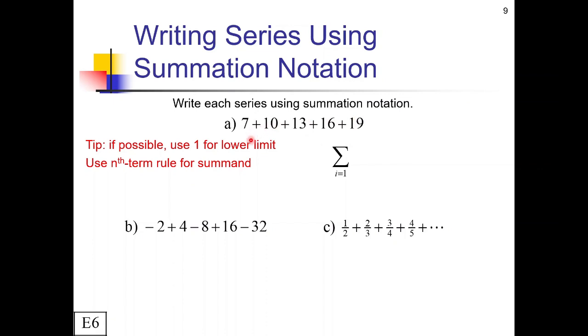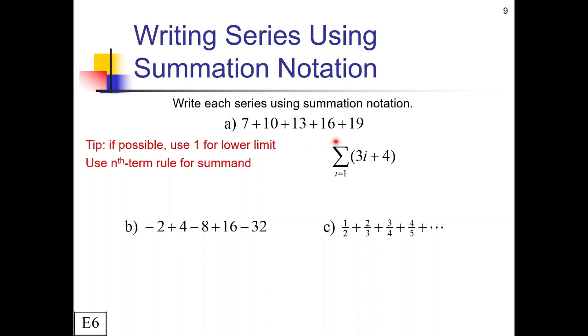So if I do 3i plus 4, that should give me each of these. And we can test out a few just to make sure. 3 times 1 plus 4 is 7. 3 times 2 plus 4 is 10. 3 times 3 plus 4 is 13. And as a general rule, if you've tried out 3 of these things and it's working, you've probably got the right rule. It's very rare to go 3 into a series and still have the wrong rule.